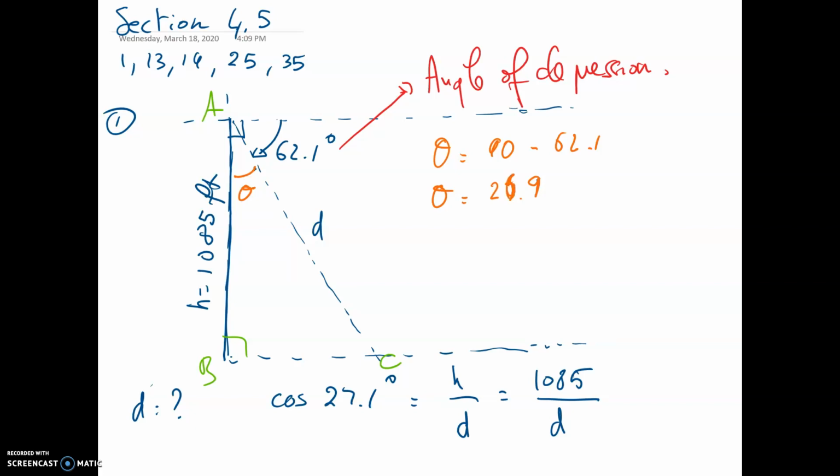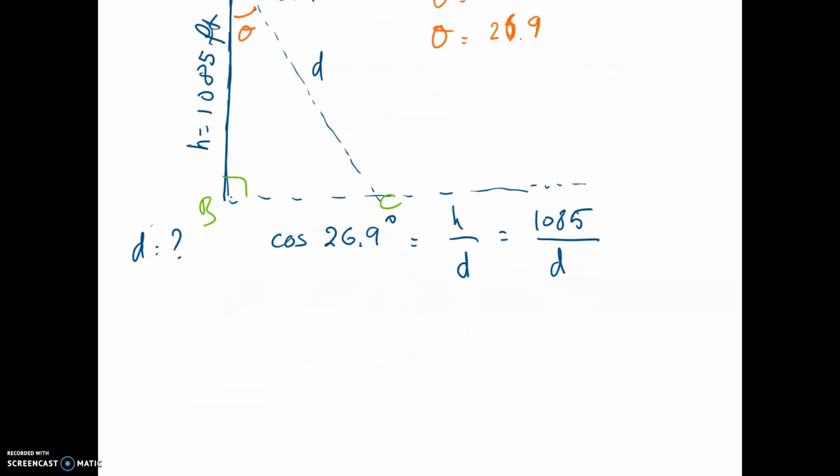So if it is 56.9, now I'm going to calculate the cosine of 56.9, and to find D, I will just have to divide by cosine. First of all, I will have to multiply by D both sides.